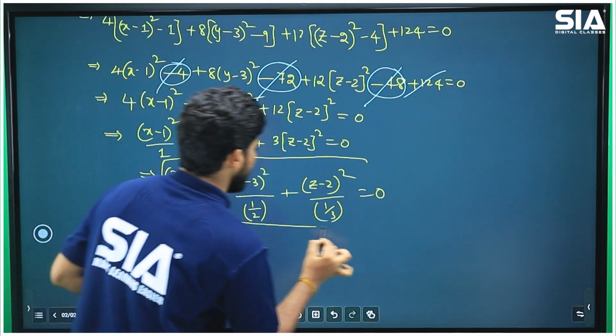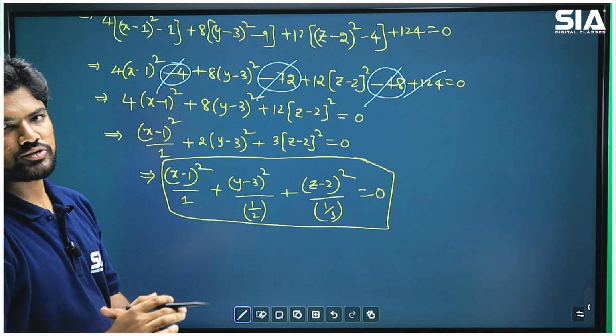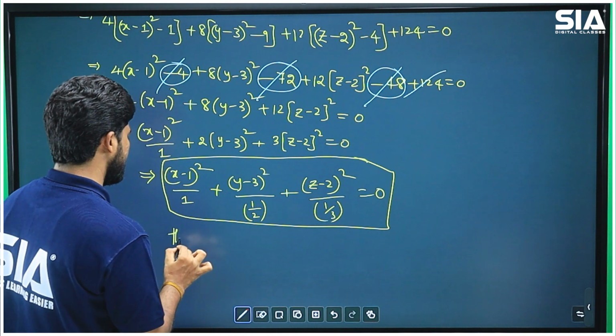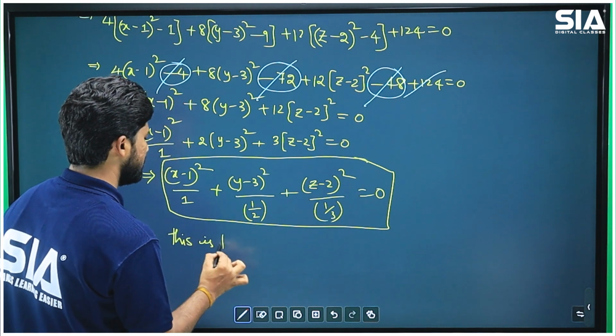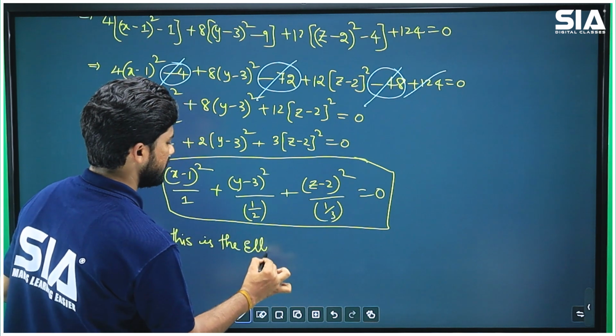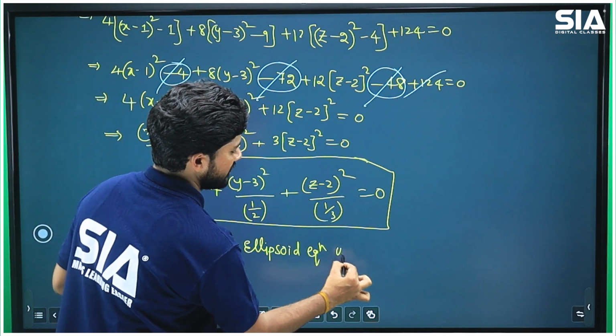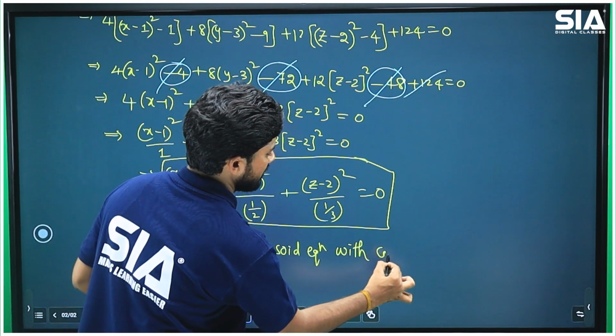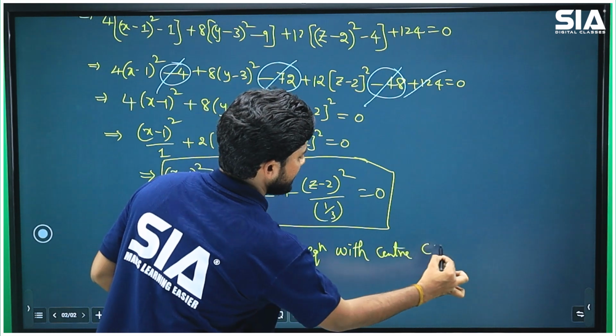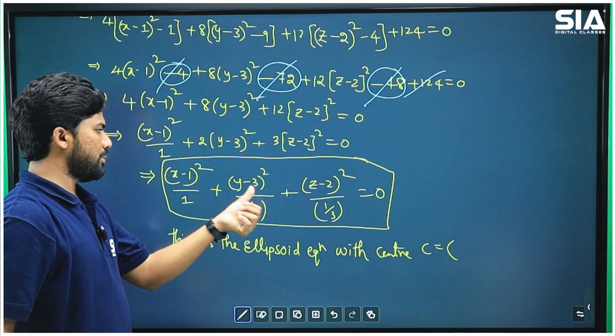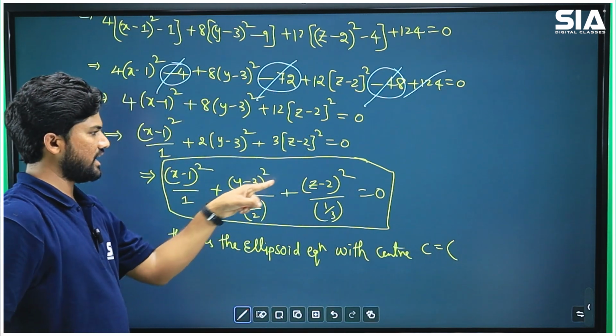This is the standard ellipsoid equation. This is the ellipsoid equation with the center. Tell me, the center C is equal to what are the alpha, beta, gamma values? 1, 3, 2.